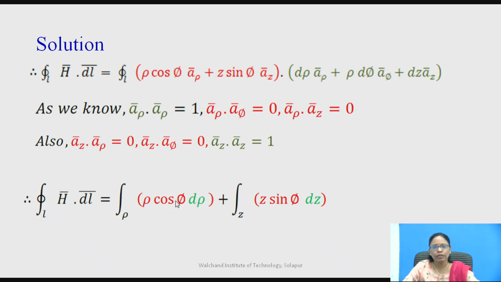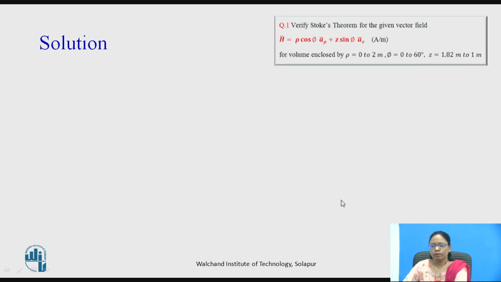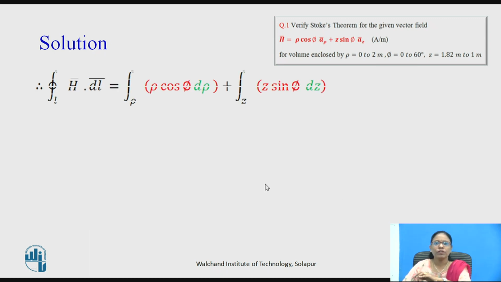Now I need to integrate the first term with rho and the second term with z. The previous equation is taken here: h bar dot dl bar is rho cos phi d rho plus z sin phi dz. Integration here is with respect to rho, and here with respect to z. When we are integrating with rho, phi has not yet changed, so phi is 0. Remember, as per the sequence, first rho changes, then phi changes, and then z changes.